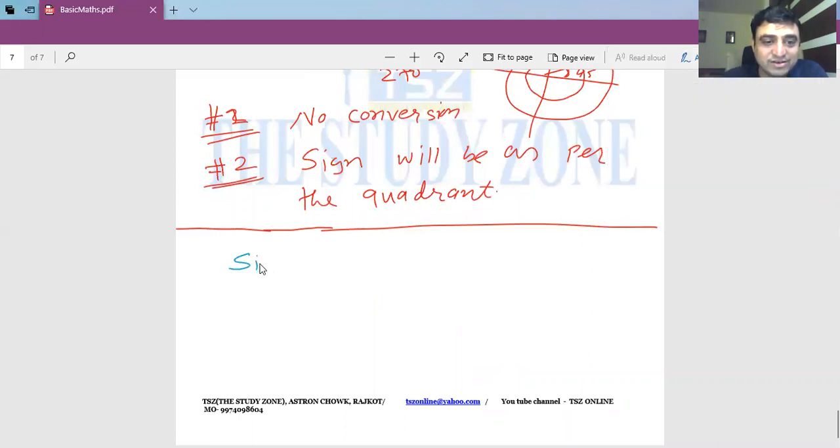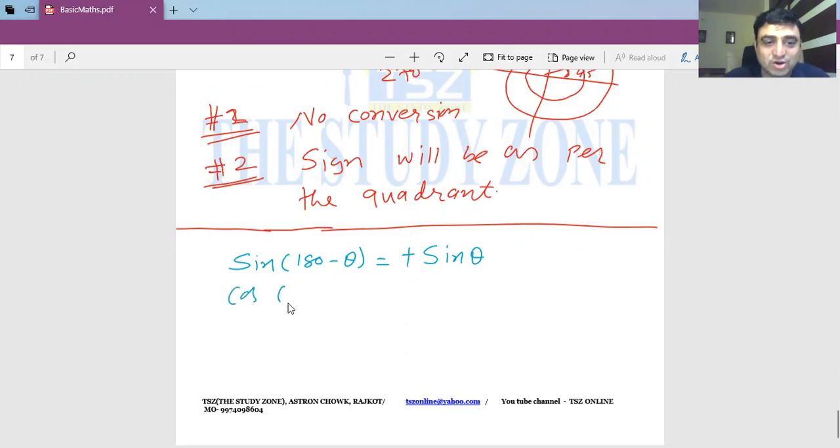Suppose, I'm writing right now for the second quadrant, 180 minus theta. Sine 180 minus theta is in the second quadrant, no conversion, so sine will be sine. And in the second quadrant, as per all STC, sine is positive, so this will be positive.